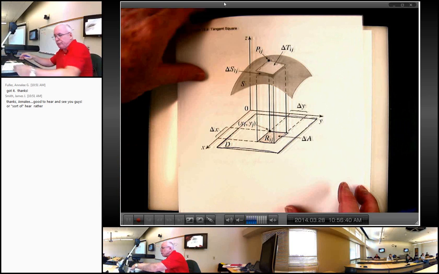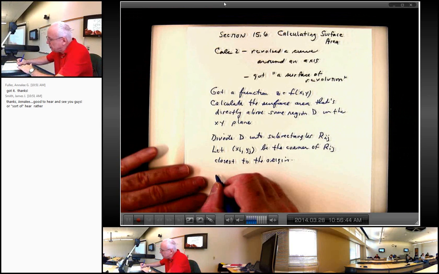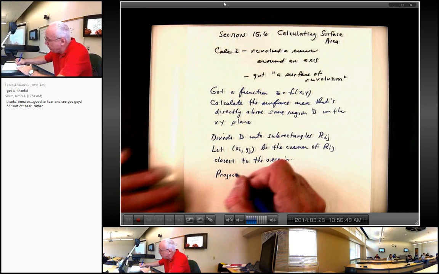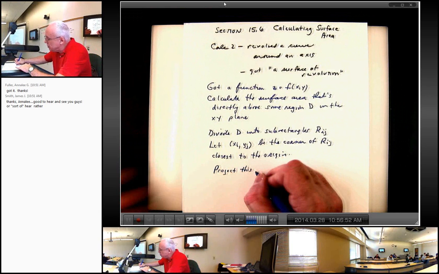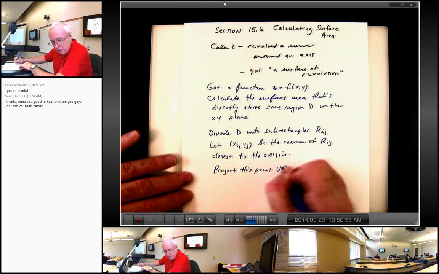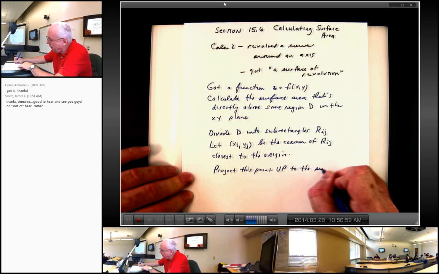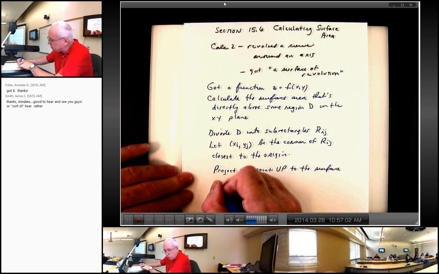So project this point up to the surface, and we get a point that's right on the surface.